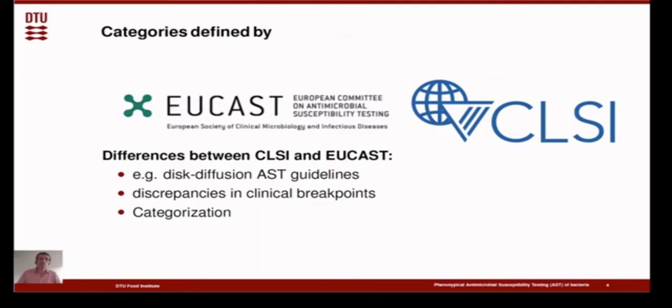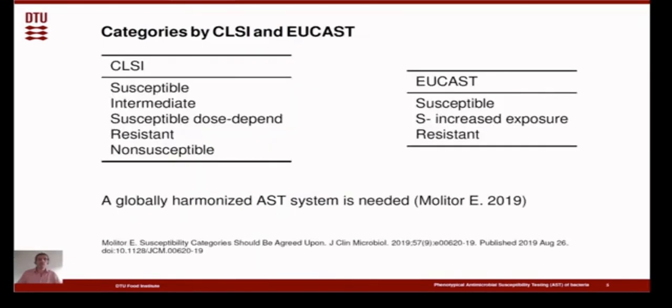And as well, there is a difference in the categorization of susceptible and resistant, which we will go through right now. EUCAST has 3 different categories, whereas CLSI has 5 different categories for an isolate. This might be a disadvantage because we don't have a unified categorization on a global scale. From now on, I will focus on EUCAST, where I have some access to the documentation.